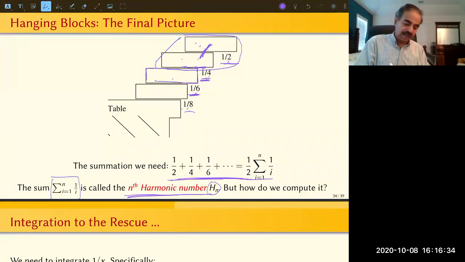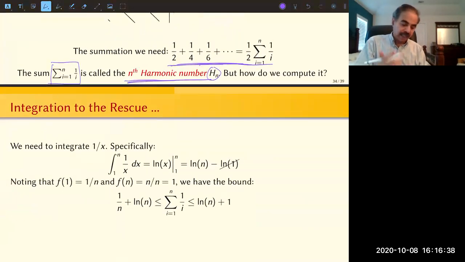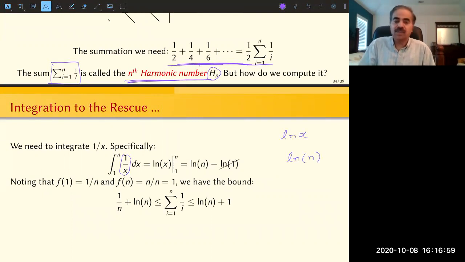The summation we have is sigma 1 by i. And then we apply our integration technique. So if you integrate 1 by x, its integral is ln x. Okay, so the approximate value of this sum is going to be ln n, a natural logarithm of n.